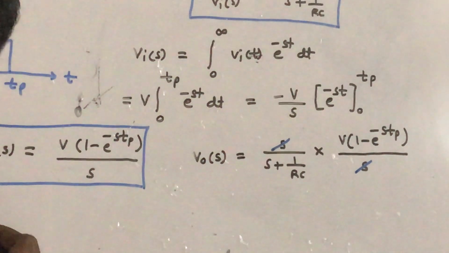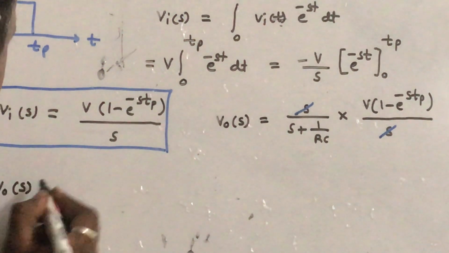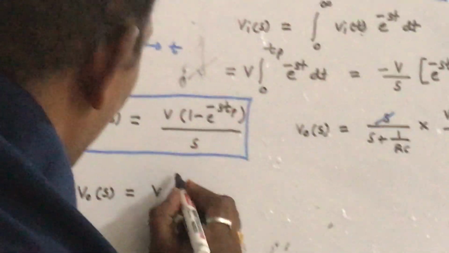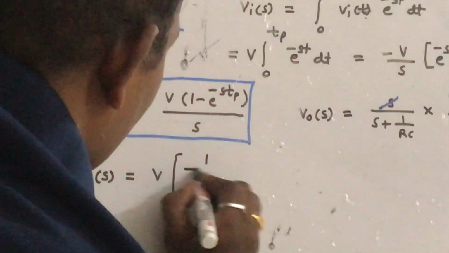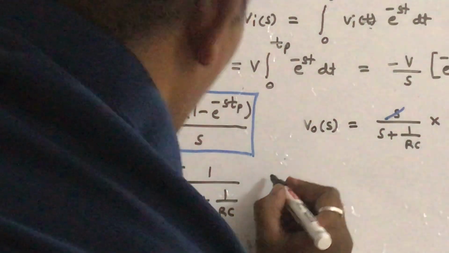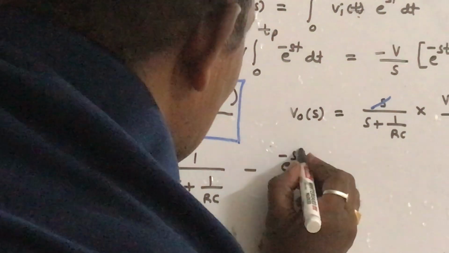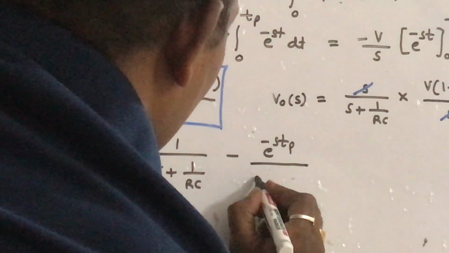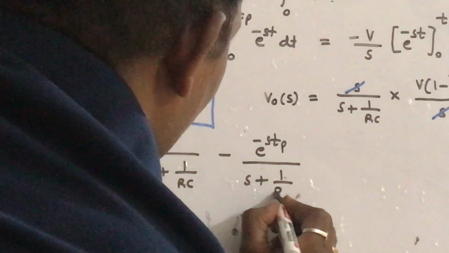So the V0 of S expression is given as V into 1 by S plus 1 by RC minus e power minus STp by S plus 1 by RC.